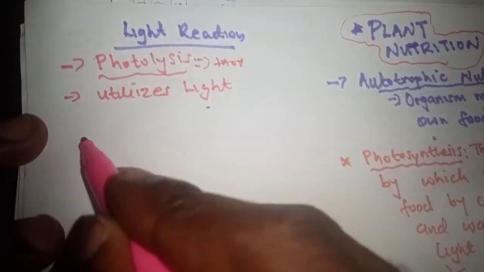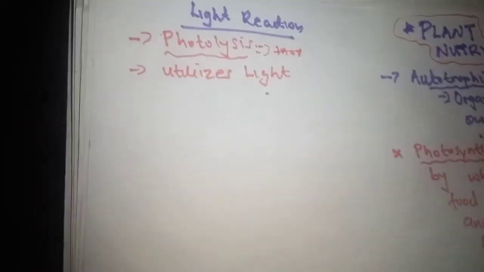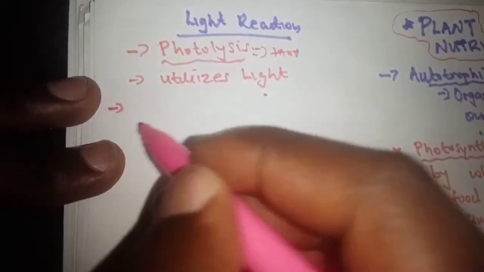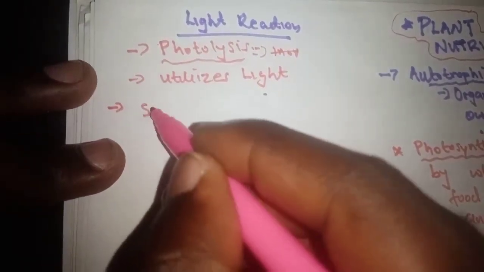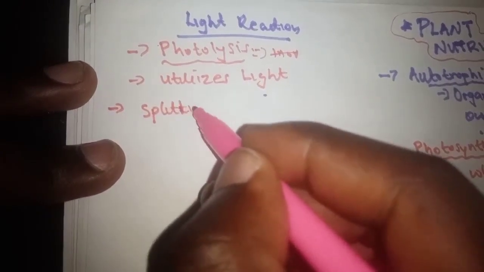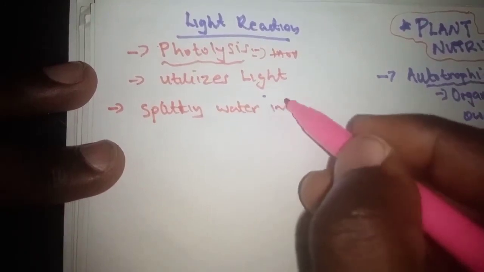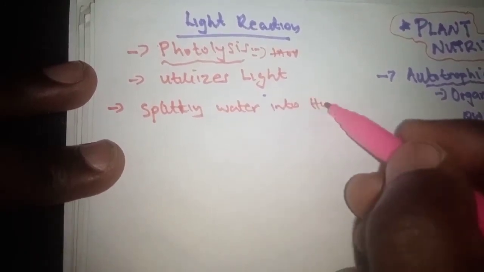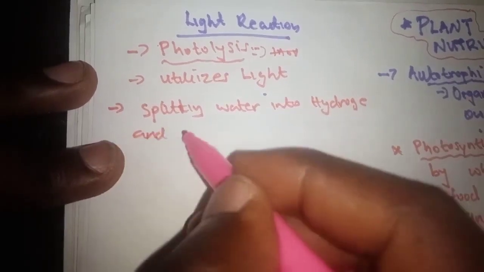So what does this light do? Remember we said you have water that gets into the plant. So photolysis is simply splitting water into hydrogen and oxygen.